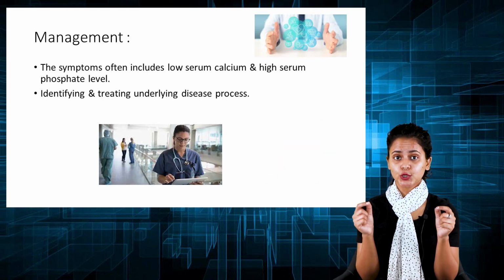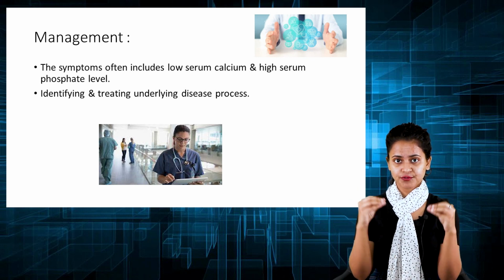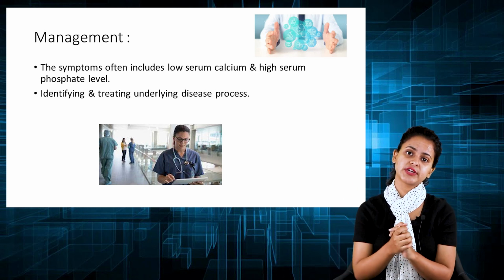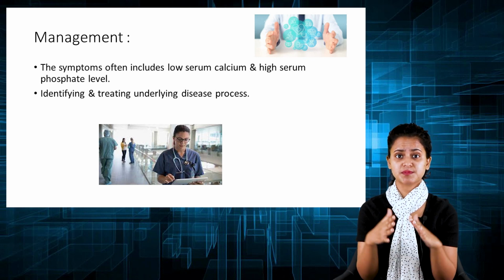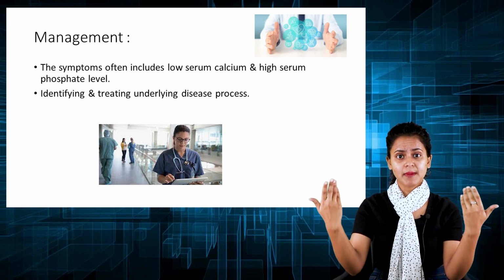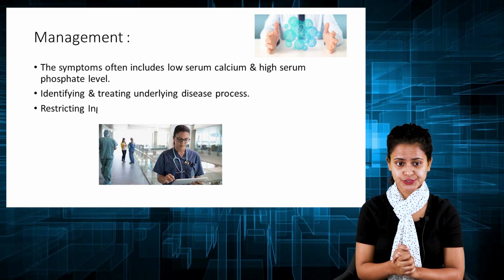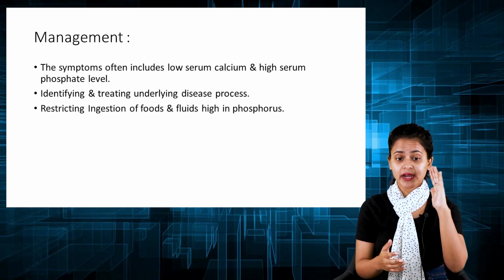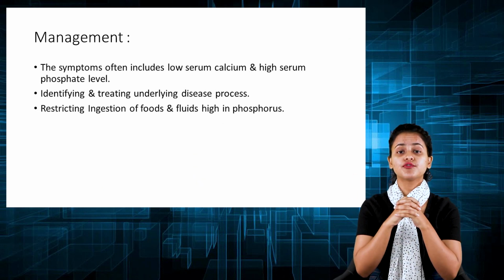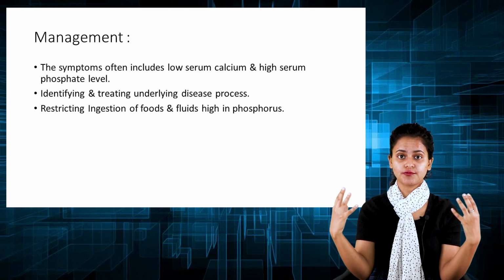Now, the basic goal of management always includes identifying, managing, and treating the underlying disease process, which plays a very important role in preventing further development of manifestations associated with this condition. The next is restricting ingestion of food and fluids which contain a high amount of phosphorus.